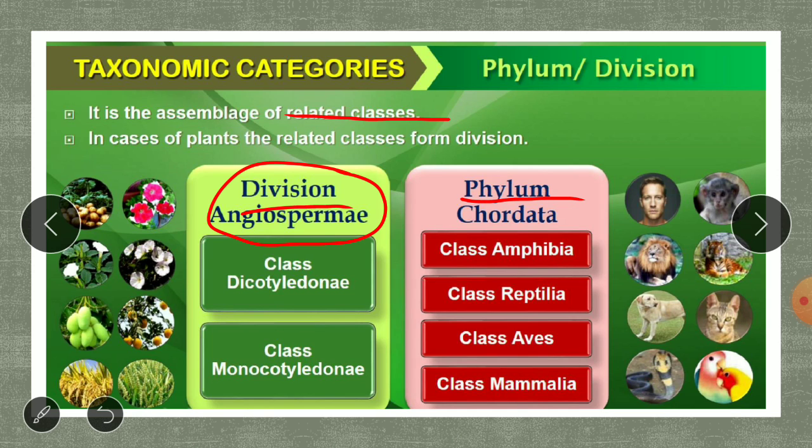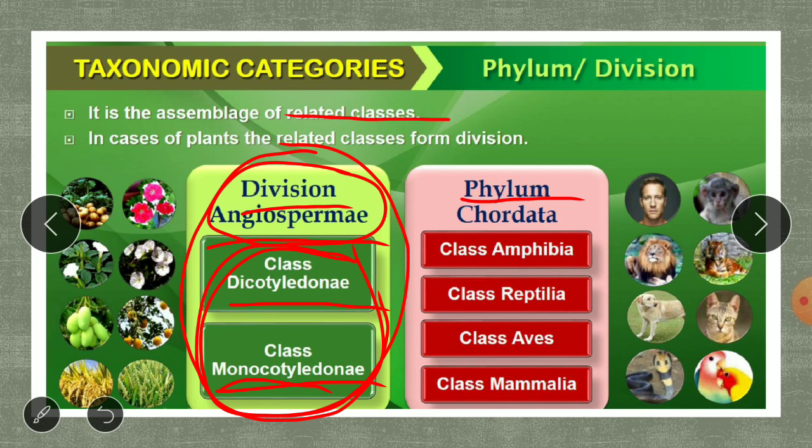So class Monocotyledonae and class Dicotyledonae. For Monocotyledonae you can take jowar or rice. These seeds cannot be divided into two. So they are mono. Mono means one. Dicotyledonae means, I gave you the example of the groundnut. You can break it into two equal halves. But both of these belong to a common division, that is Angiospermae.